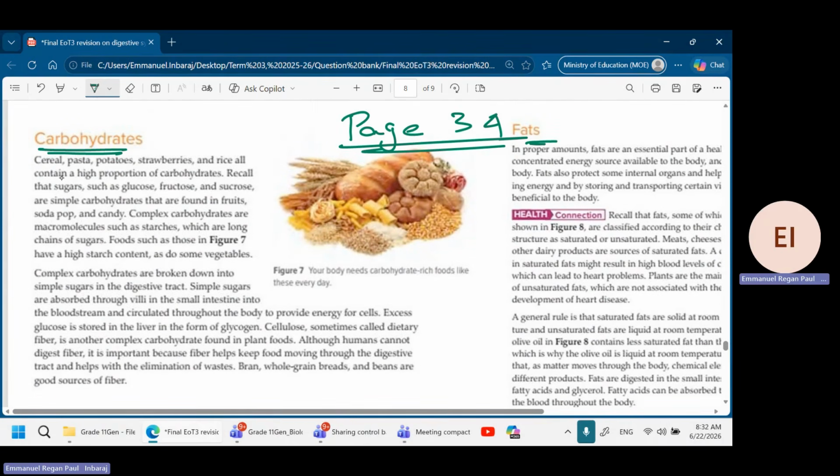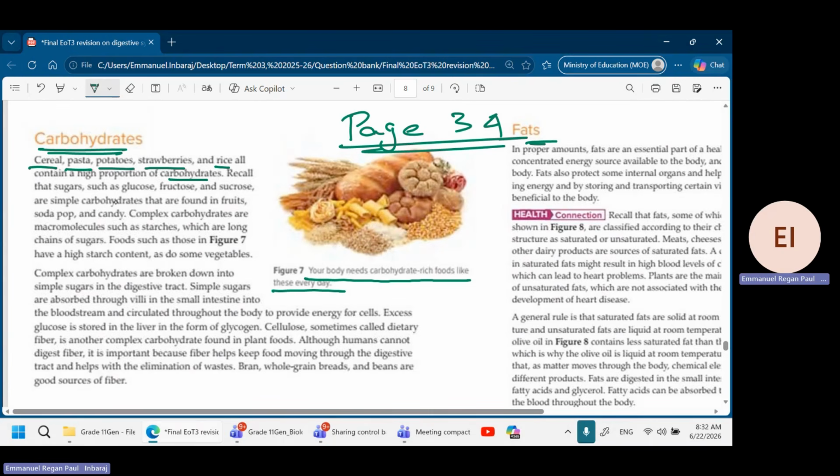Okay, you see the main thing is your body needs carbohydrate rich food like these every day. So what are those? You can see cereals, pasta, potatoes, strawberries, rice, all contain carbohydrate.